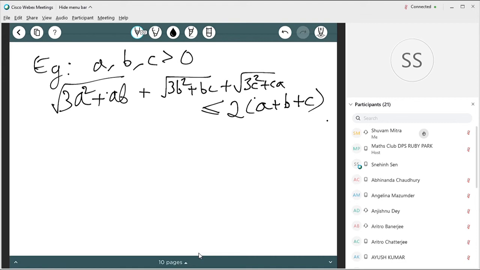Well, squaring might not help. Okay, let's see what happens if we square. We will again get a root, so we can't do away with the roots, right? So is squaring any help?